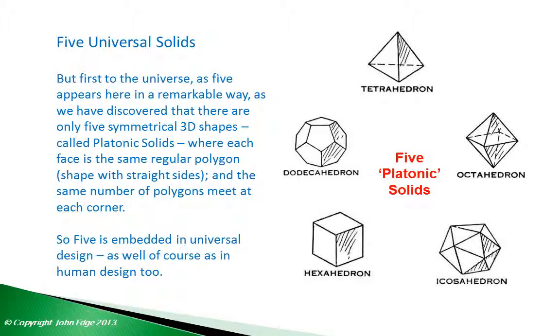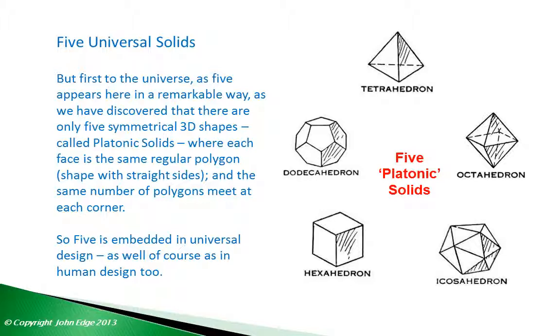Now, starting in the universe, the five appears here in quite a remarkable and rather unusual way because we've discovered that in our universe there are actually only five symmetrical 3D shapes, and these are often called the Platonic solids, and these are symmetrical because each face is the same regular polygon, i.e. a shape with straight sides, and the same number of polygons meet at each corner.